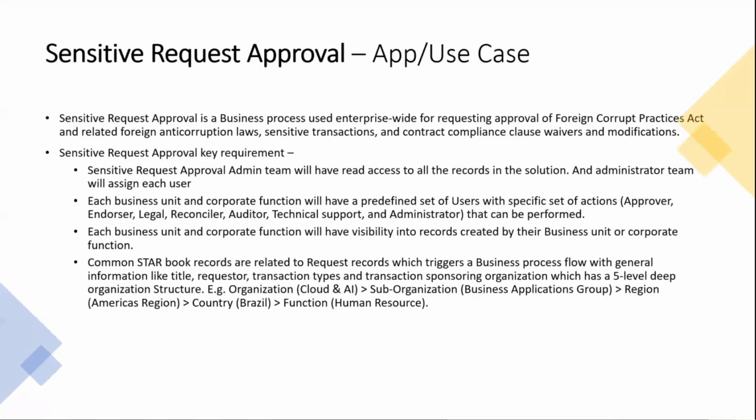So the second use case is another interesting one, where you have a sensitive request approval. It's a business process used company wide for this large multinational. It's the same company in both use cases. This is mostly to track foreign corrupt practices and all the sensitive transaction reporting on that, and so on.